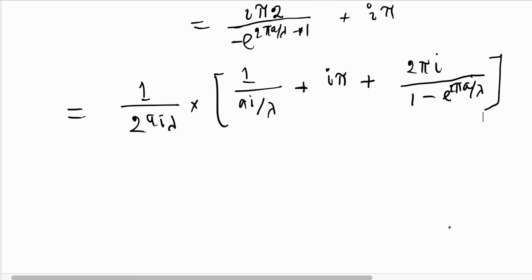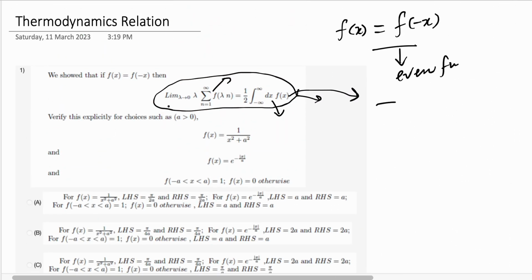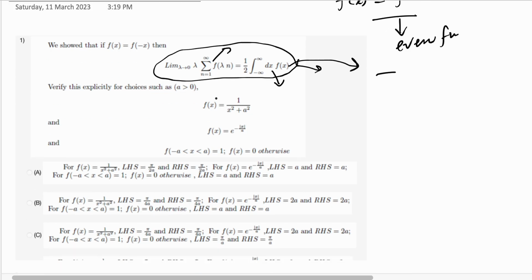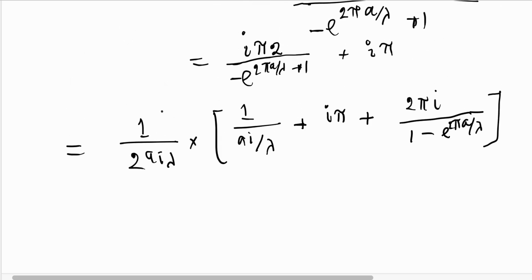Now it is almost done. Now what our asked question is: limit lambda tends to 0, lambda multiplied with this summation. So if I multiply lambda, what will I get? Let me see that. Now I will take the limit lambda tends to 0.